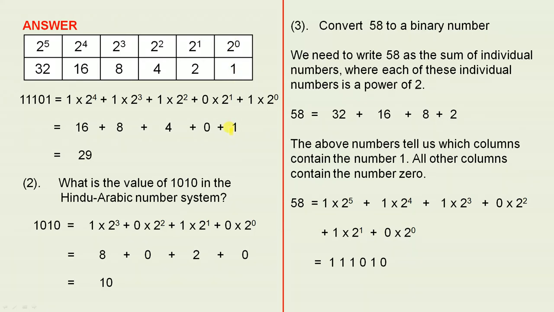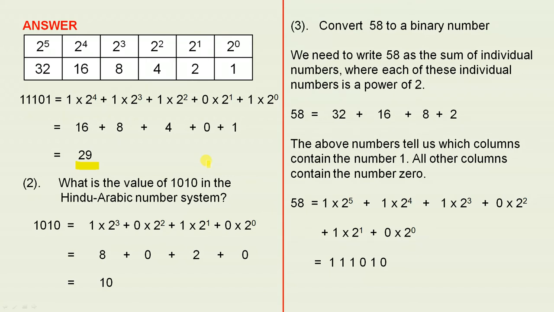So when we add all those together, we get 29, and that's the value in the Hindu-Arabic system. So 29 is the Hindu-Arabic number, and that's the binary number.